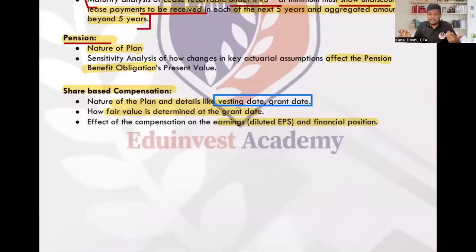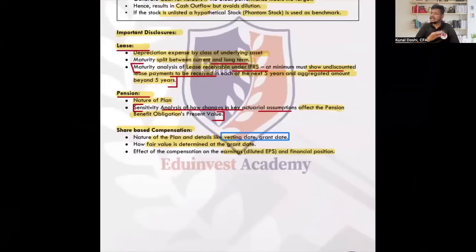All of this is estimated, and if any of the assumptions change, then your pension obligation will also change. Therefore, we require a sensitivity analysis of all the assumptions used in the pension obligation calculation. Clear? Sensitivity analysis means we need to present multiple scenarios of what can happen if this changes, if that changes. Got it? Clear? Very complicated. It's not an easy topic.